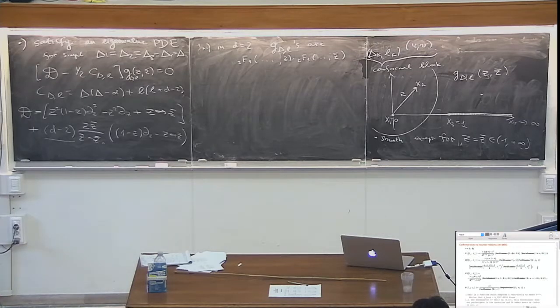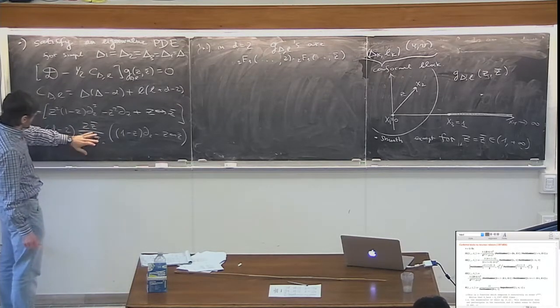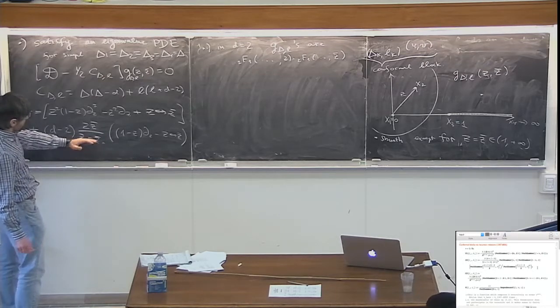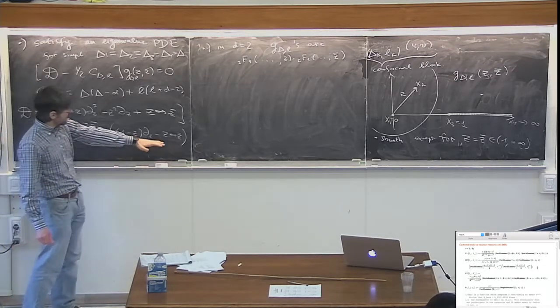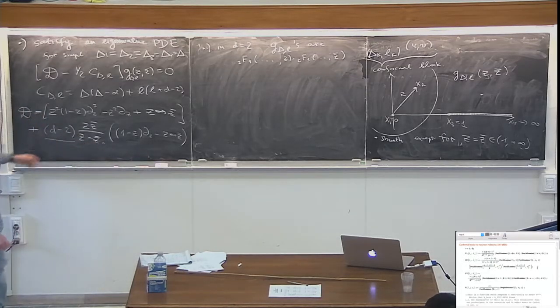If you go to d larger than 2, then we have the second term to deal with, which is a bit annoying because it does not have full factorization. You have an antisymmetric numerator divided by antisymmetric denominator, so it's a smooth operator, but it's not factorized.